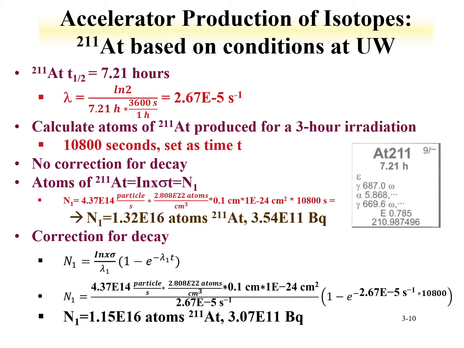And we see that the decay correction shows that the amount of astatine produced is reduced since the irradiation is for 3 hours. The half-life of the astatine is 7.2 hours. They're on the same order. This is a demonstration that both equations can be used. However, the decay correction equation certainly is the suitable equation for this condition based upon the half-life of the produced isotope.